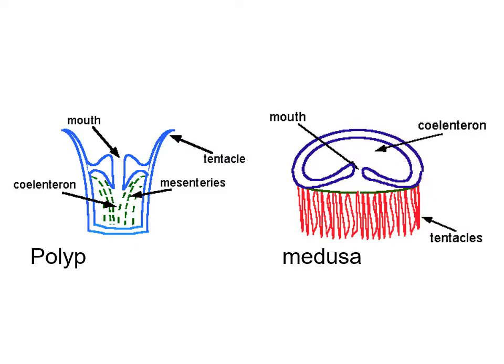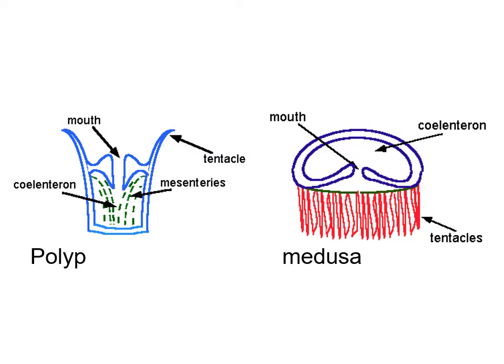Now, most of your anthozoan corals, the animal itself is in the form of what we call a polyp. It's a small barrel-bodied organism with a mouth that's surrounded by those stinging tentacles. And inside of the body cavity, we have a coelenteron lined with mesenteries, essentially digestive tissues.